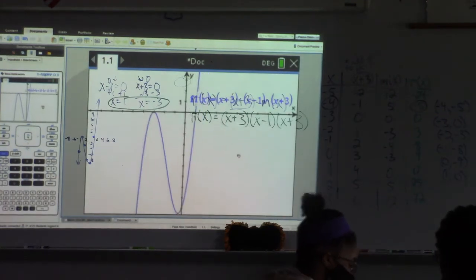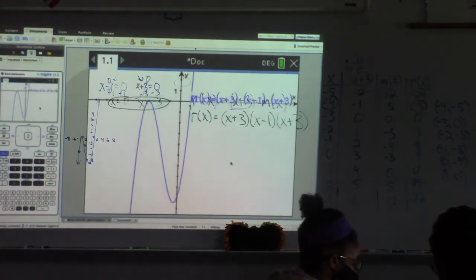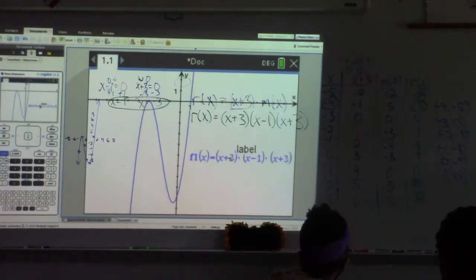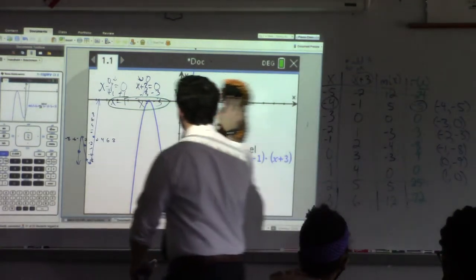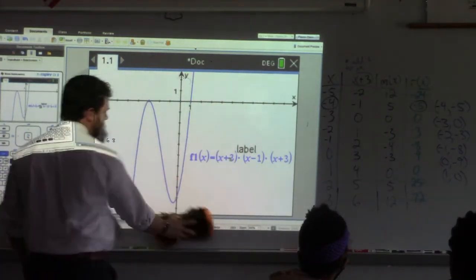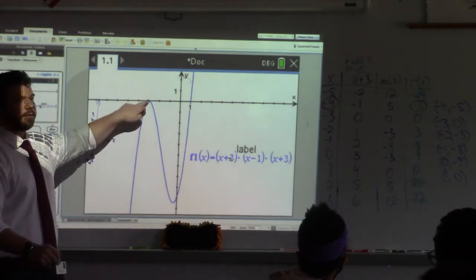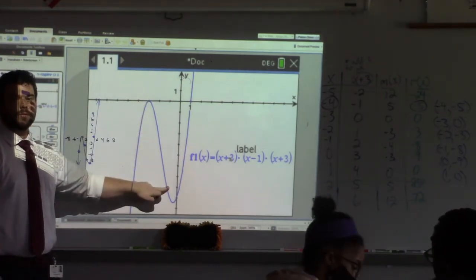Maybe I want to shift it down just a little bit. Oh, I have stuff written on the board, it makes it kind of hard to see, doesn't it? So does it do exactly what Preston predicted of just touching the x-axis and then going back down?